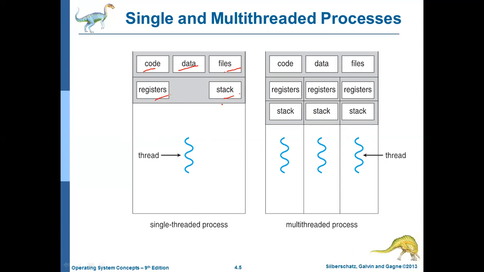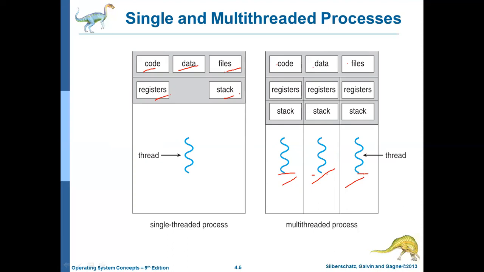But now when we move on to the multi-threaded process, according to this diagram, we have three threads of control. And if you observe the block above it, registers and stack are given uniquely for every thread, whereas the code, data, and files are being shared among the three threads of control.